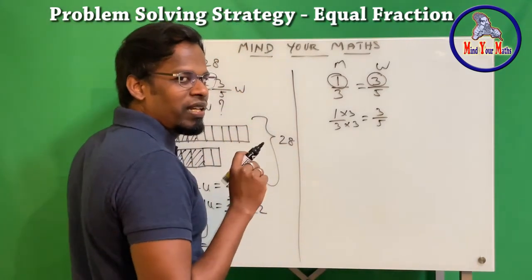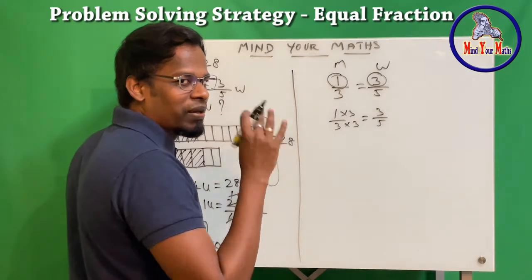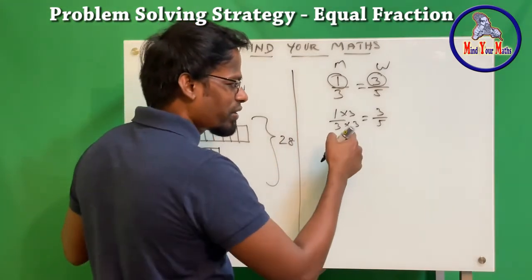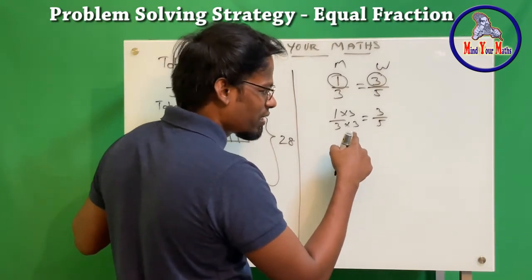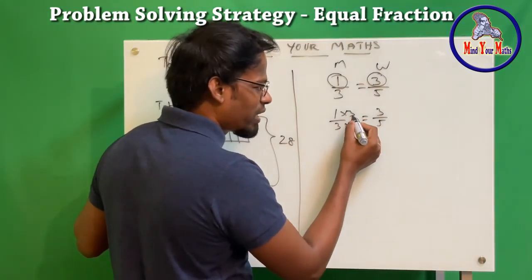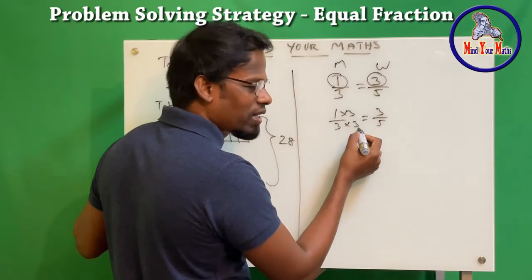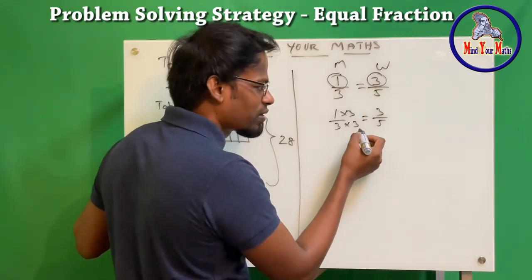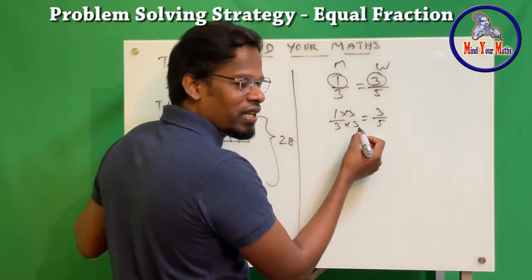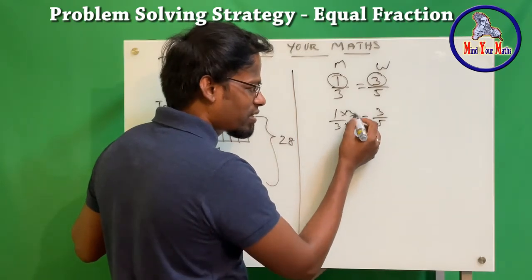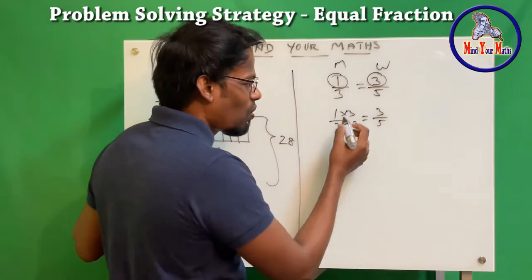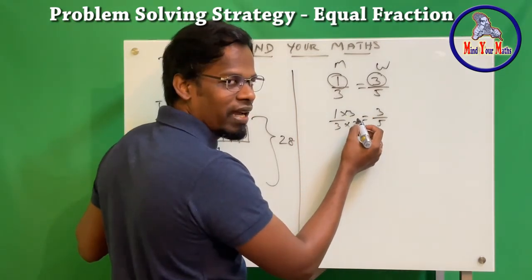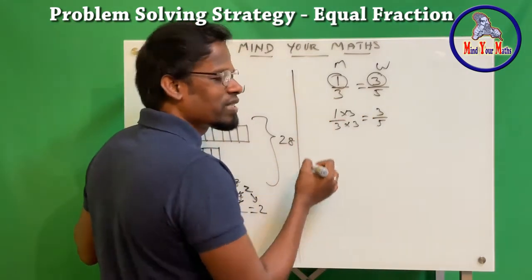You'll be surprised when I tell you. Actually what you're doing here, you closely watch. You're multiplying using 3 at the top as well as at the bottom, at the numerator as well as at the denominator. When you cancel these 2 numbers, this one will go for 1, this one will go for 1. 1 over 1 is 1, so the value is not changed.